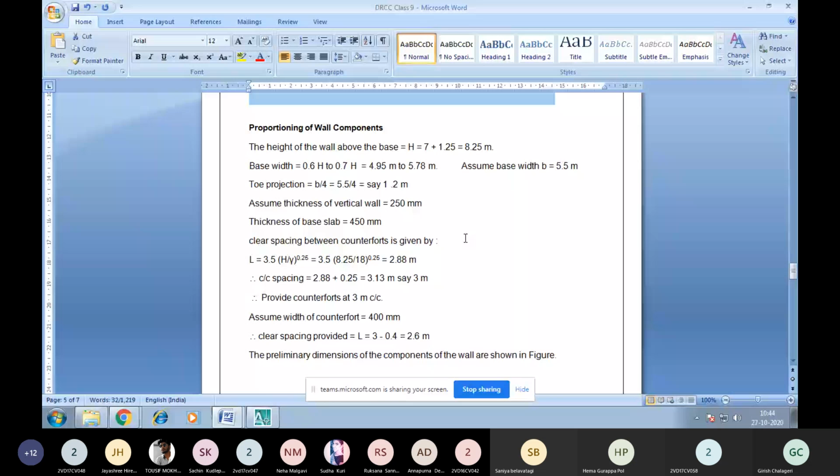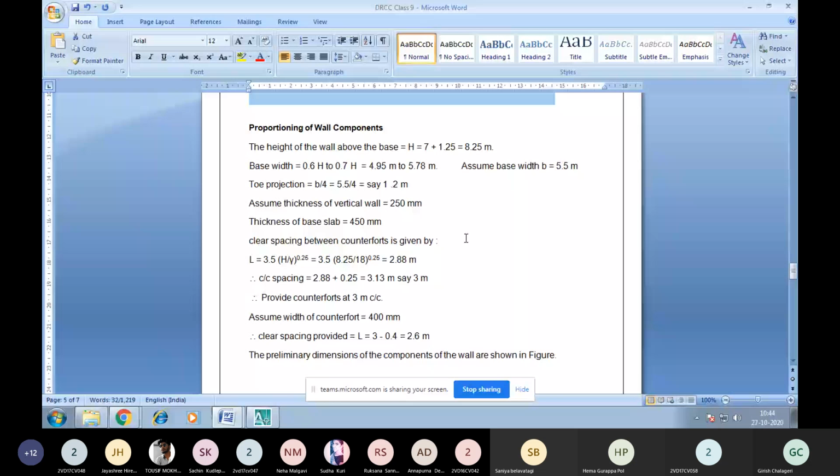So the height of the wall, H, we know it is 7 plus 1.25, that is 8.25. The base width should be 0.6 to 0.7 of H. The 0.6 of H will be 4.95 and 0.7 of H will be 5.78.